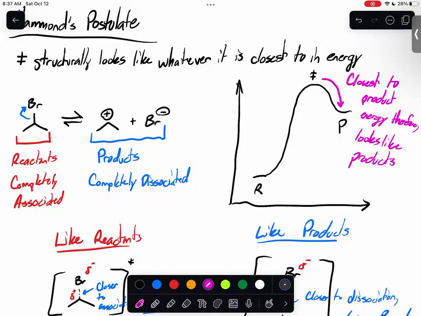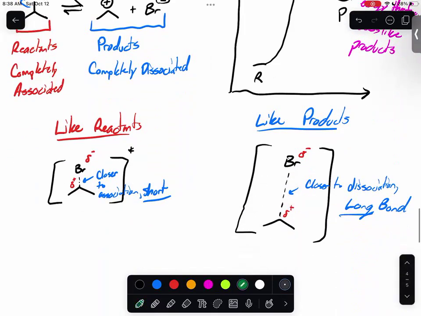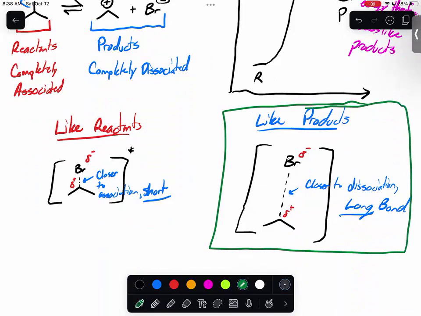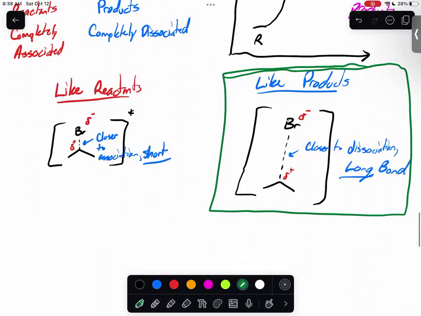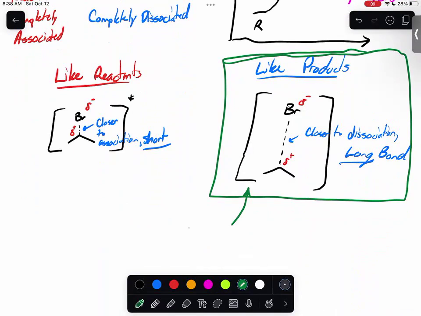So what that means for us is that this one right down here that we had originally stated exists, this one that's like the products, for this reaction, this is the true transition state.